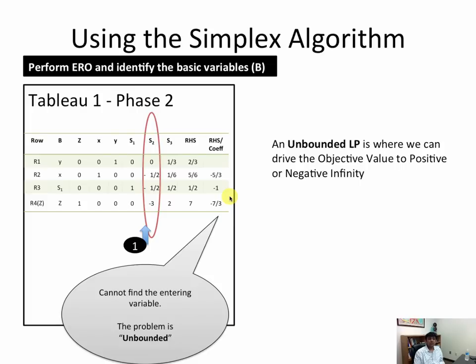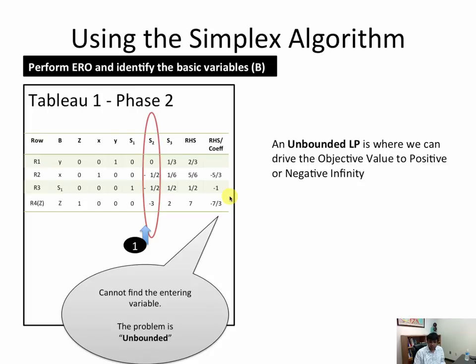Then what we did is we took the output of phase 1 and removed all the columns of artificial variables, and also we deleted the temporary objective function. Then we started with that state of the tableau as tableau 0 of phase 2, and the process then continues to find the solution using the regular simplex algorithm.